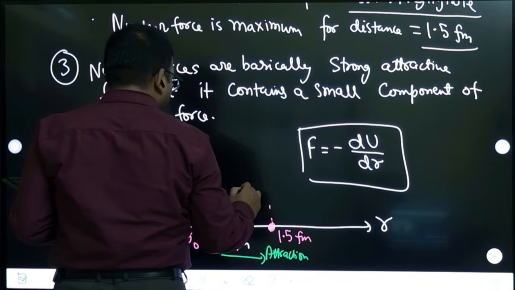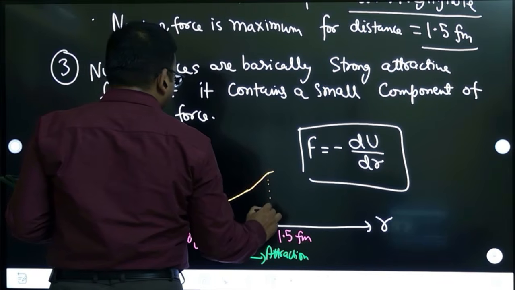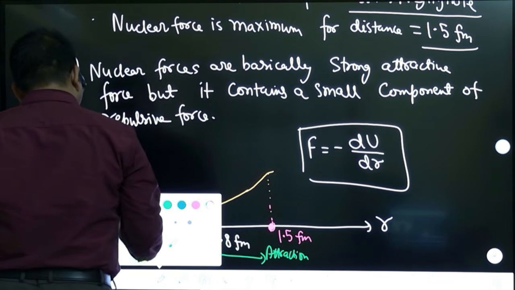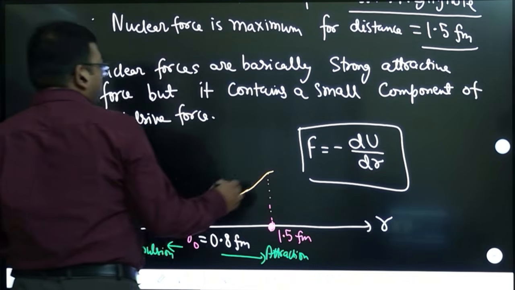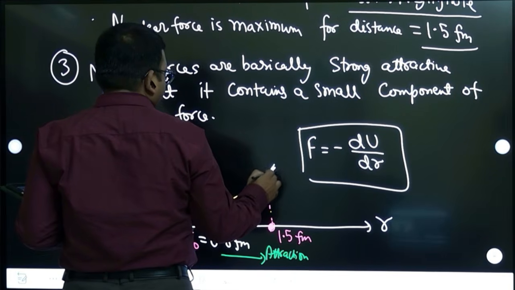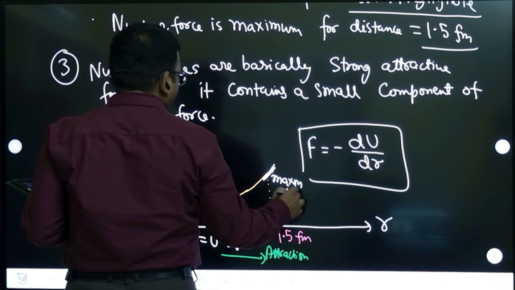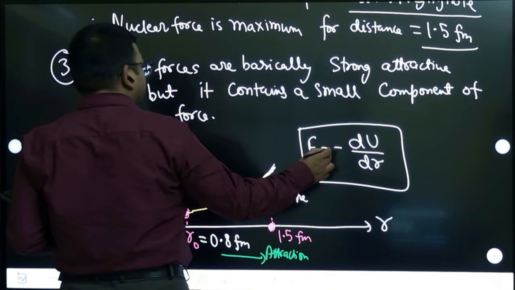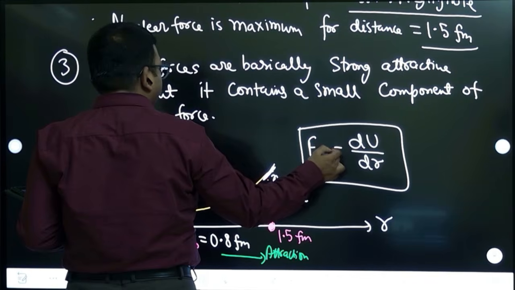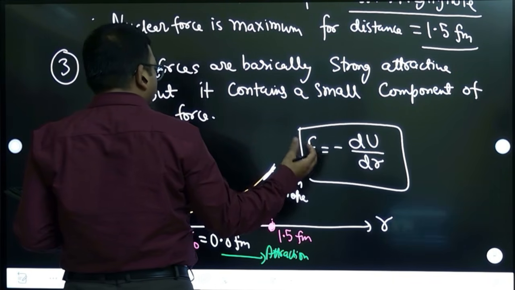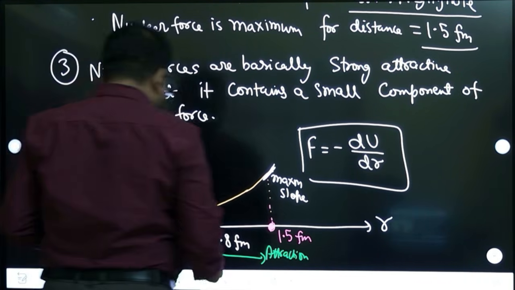We need to understand that there are experiments performed, but this graph is an approximate theoretical graph. Maximum slope is happening here. That is what we have to note. Because if the slope is maximum, then this will be minus minimum. Minus means more attractive force will be there. Okay, next point.